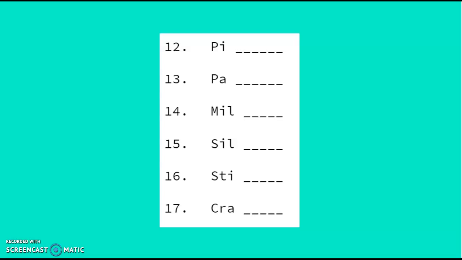Number 14, milk. Milk. What's before the C or K or CK? L. That's a consonant. Let's look back at the rules and see what we use after a consonant.